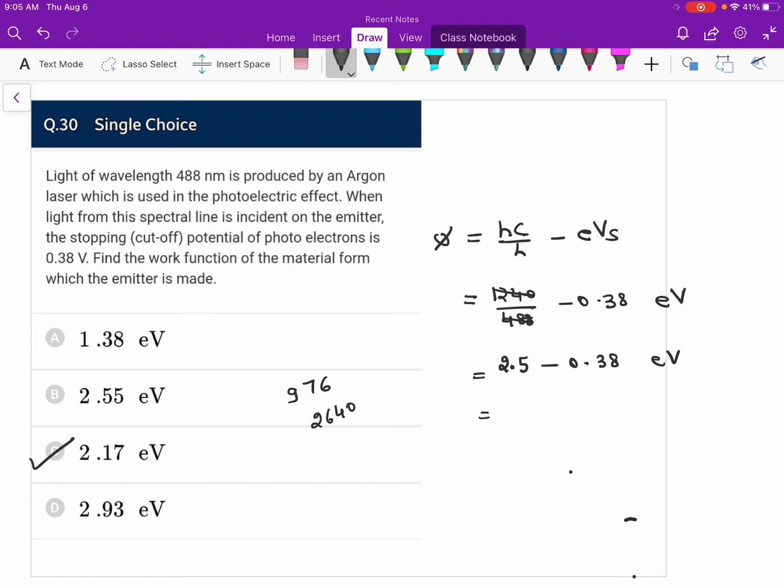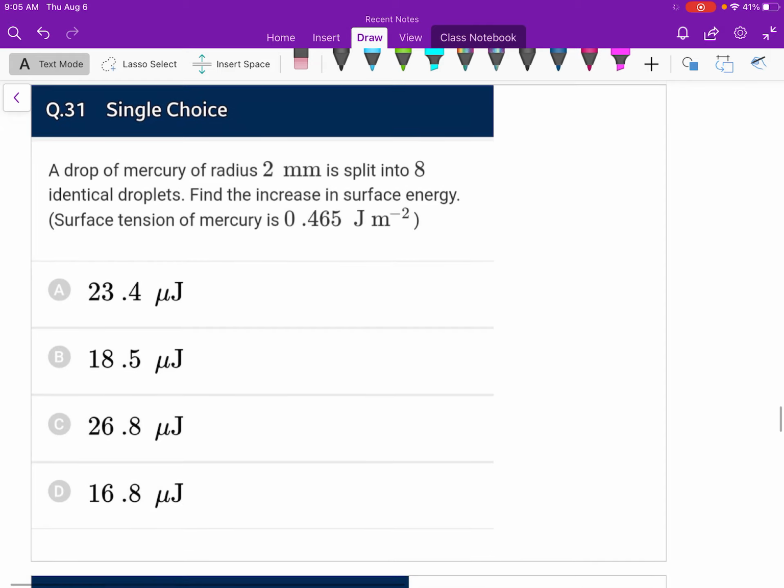So the work function is 2.17 eV. All right, so C is the correct option.